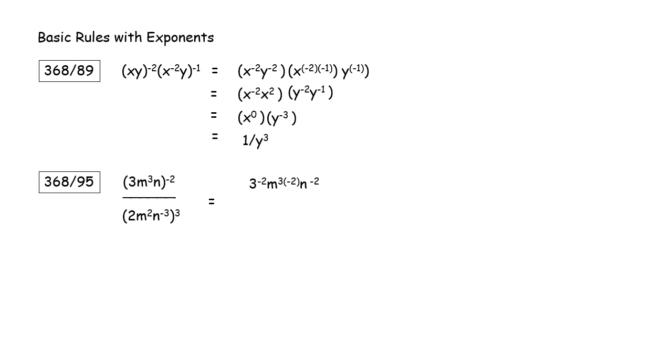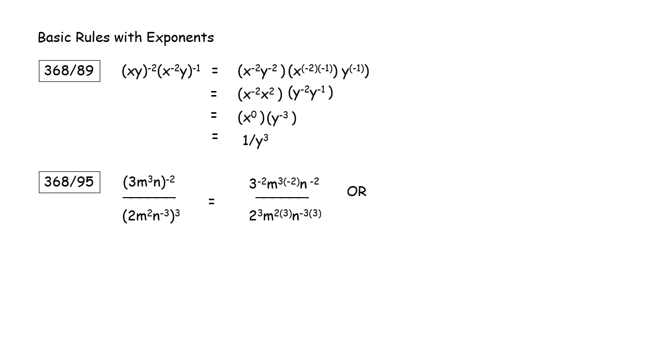So we have 3 to the negative 2, m to the third times negative 2, and n raised to the negative 2 in the numerator. The denominator will be 2 cubed, m raised to the power 2 times 3, n to the negative 3 times 3.